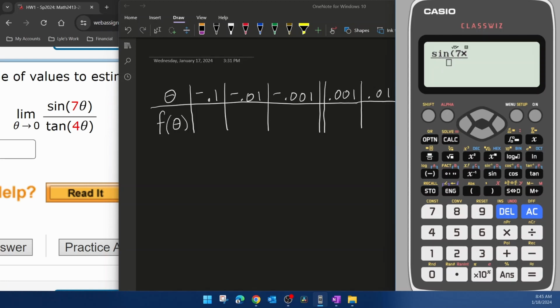So that is sine of 7 times negative 0.1, and then over tangent of 4 times negative 0.1. And we're going to write that down. Now remember, it said to 3 decimal places, so I'm going to write down that value rounded to 3 places, 1.524.